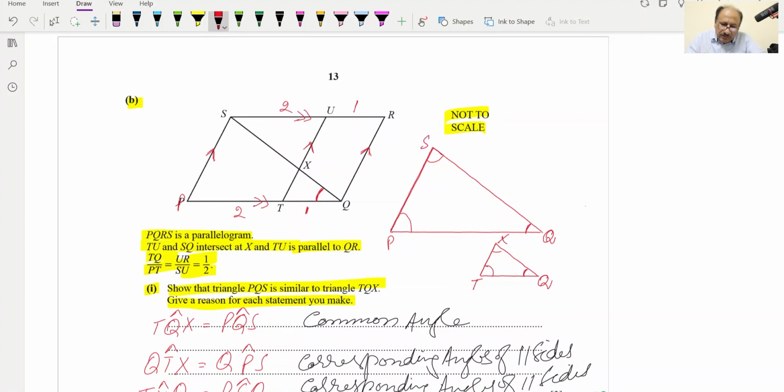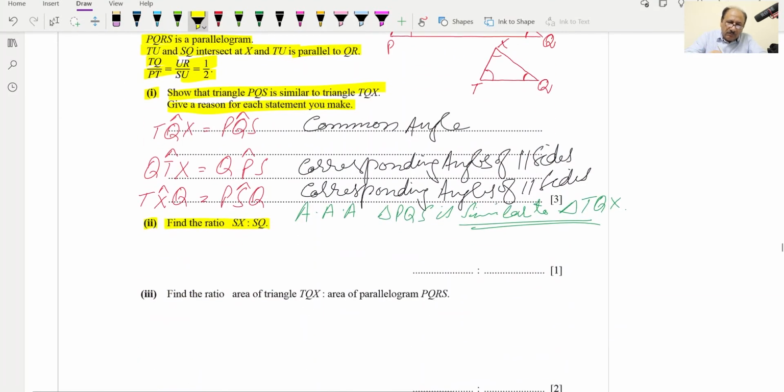So this will be according to the same ratio, it will be 1:2. So SX is this much, whereas SQ is the total one, so it will be 2:3, total is 3. So 2:3 we can mention over here. This will be 1 mark part.